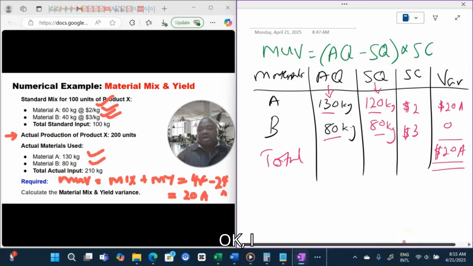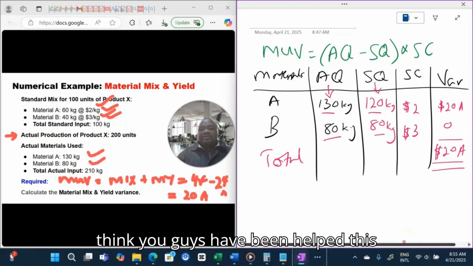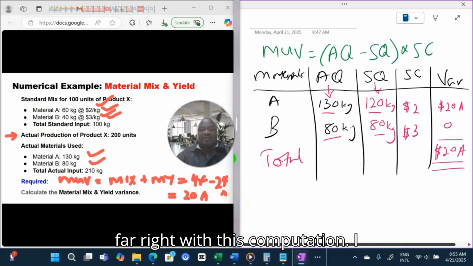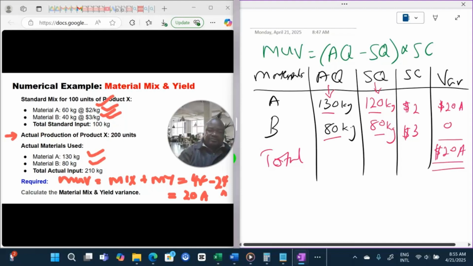I think you have been helped this far with this computation. I think I've done a bit of justice to ensure that everybody has been covered very well.